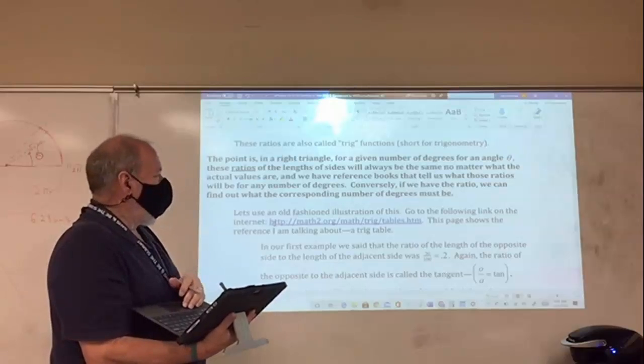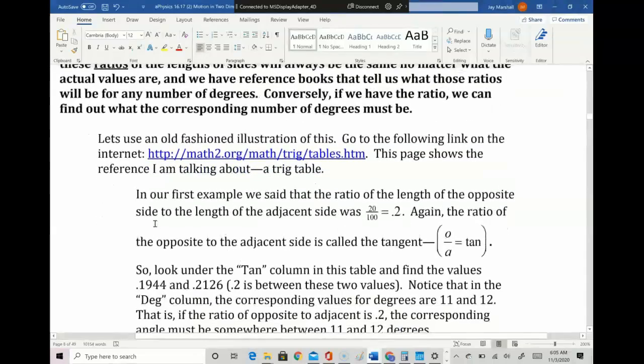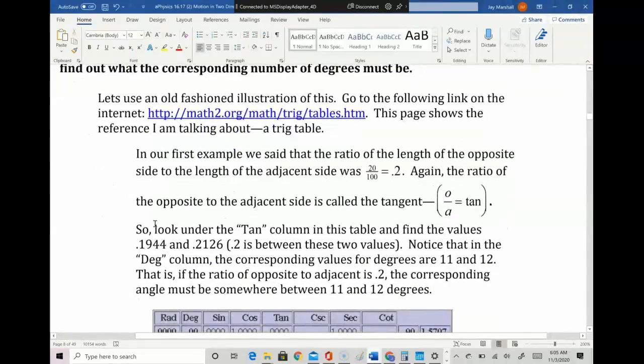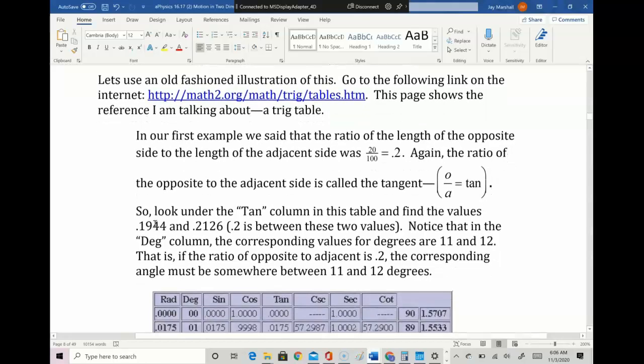So to help us learn more about this, we're going to use an old-fashioned way of doing things. This is what I had to do when I was in high school. We didn't have calculators. We didn't have computers to help us out. We had to go to a book to figure this out. And so I've given you this link here, and this will take you to a page that shows a trig table.